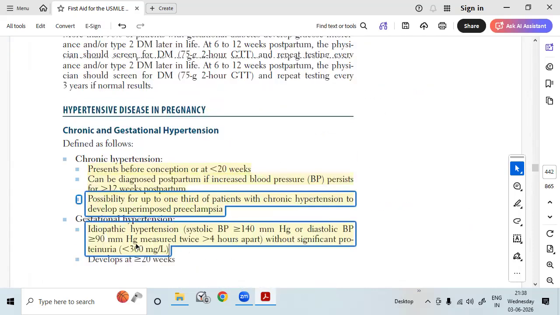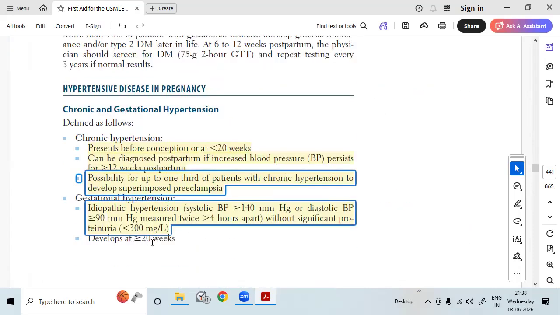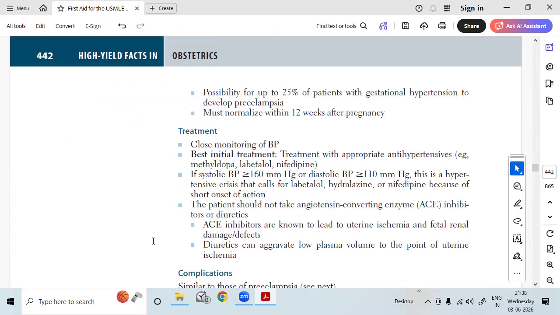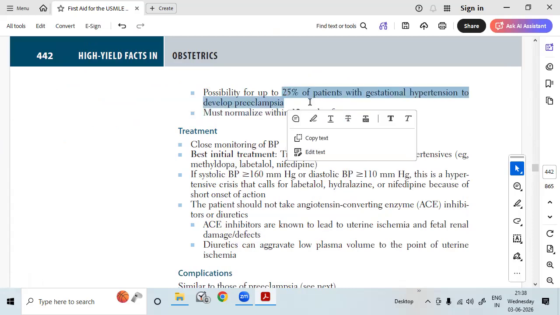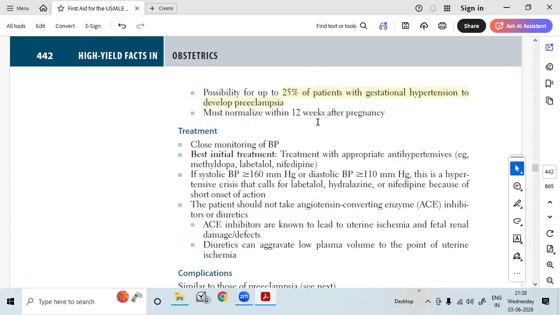It develops at more than or equal to 20 weeks. Up to 25% of patients with gestational hypertension may develop preeclampsia; most normalize within 12 weeks after pregnancy.